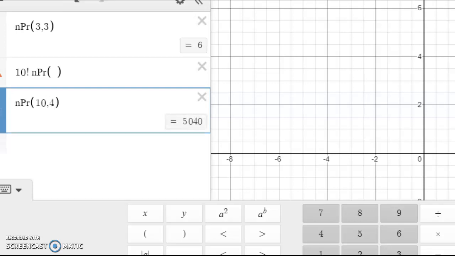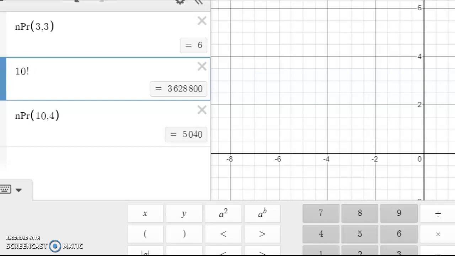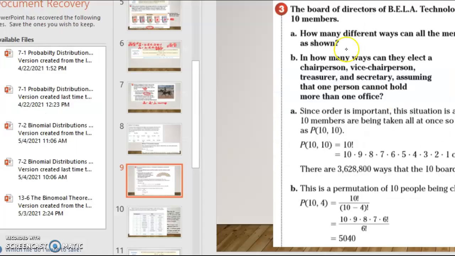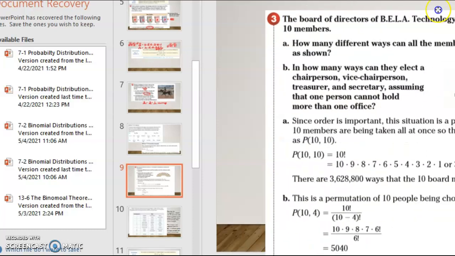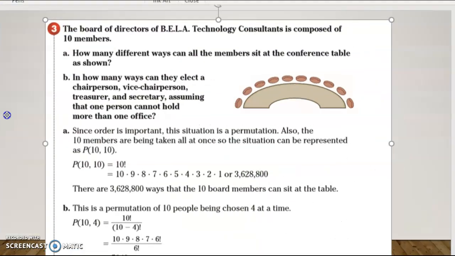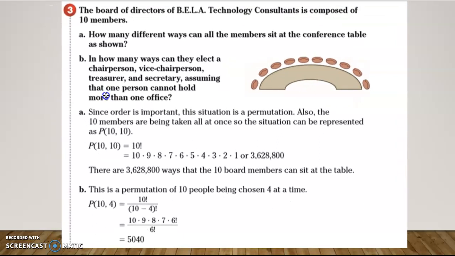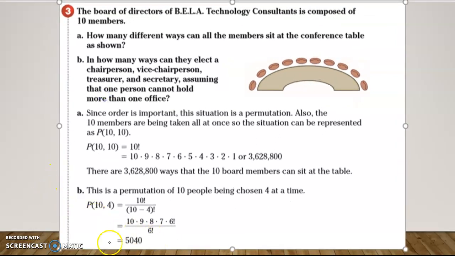And there you get your 5040. Okay? So, just like it says right here, there we go. It's not moving for me. Okay, 5040 is what we got.